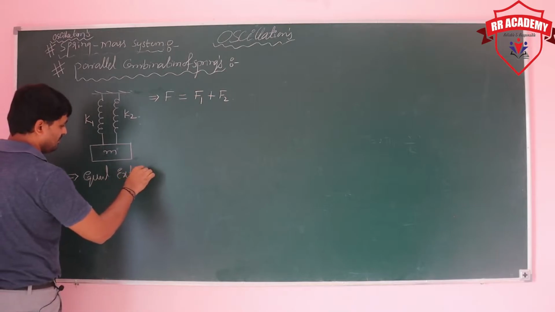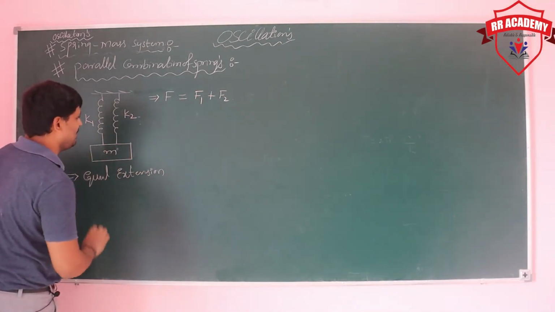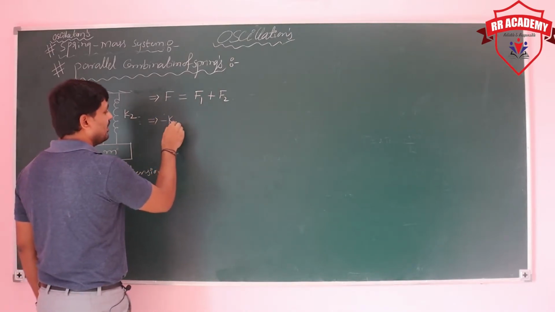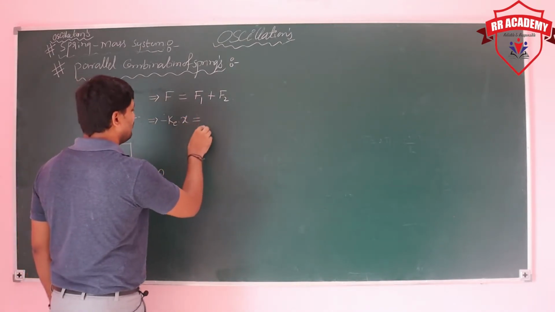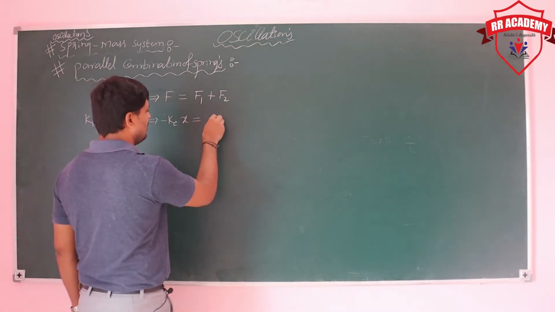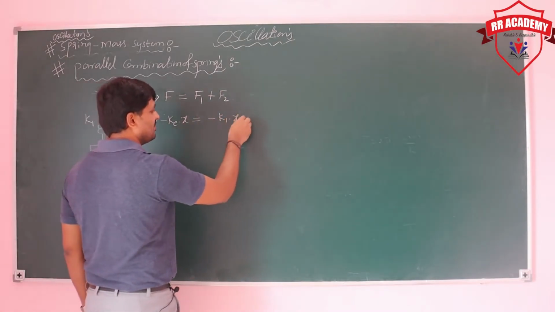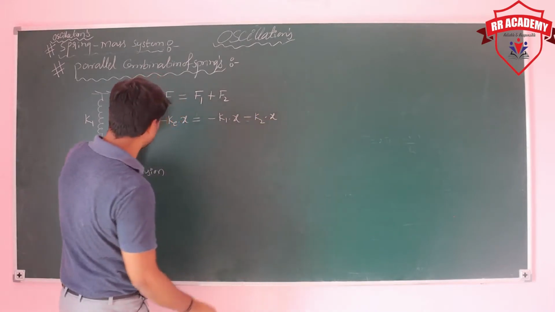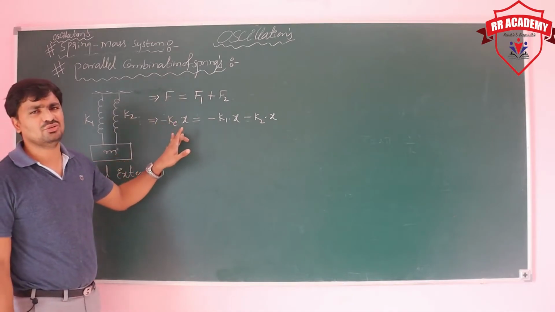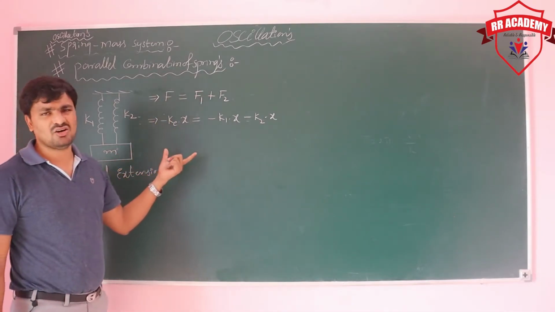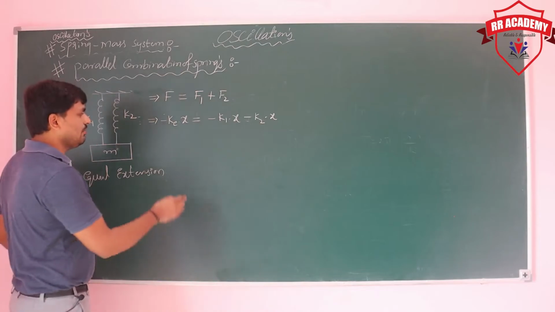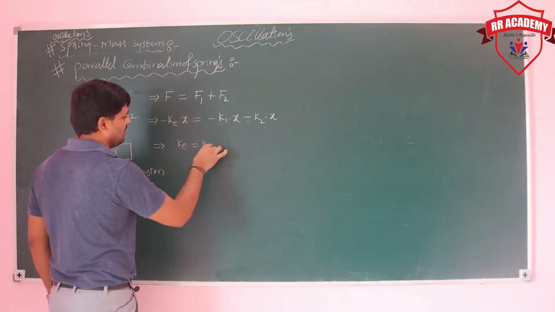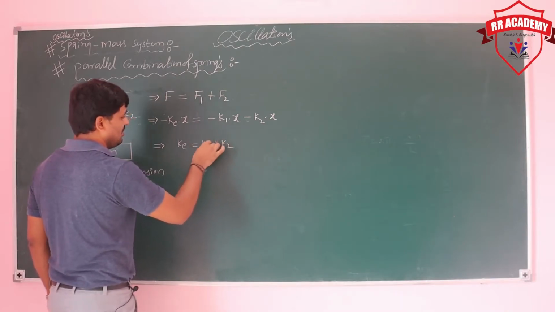That is nothing but we can write total k effective into extension equals the restoring force in the first spring plus the second, k1 and k2. The total restoring force is k effective into total extension, but the extension is the same for all. So you can cancel minus x, then k effective, how much do you get? k1 plus k2.